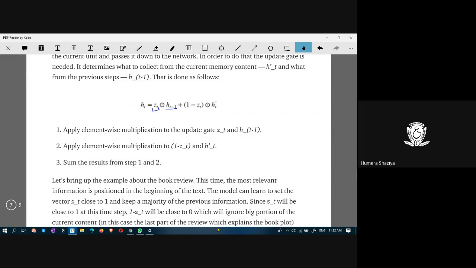Here, 1 minus ZT. Whatever is ZT, if you subtract 1 minus ZT, then you get the other part. If the total information is 10110, if I say ZT is this 10, then if you say 1 minus this, it will be this part.